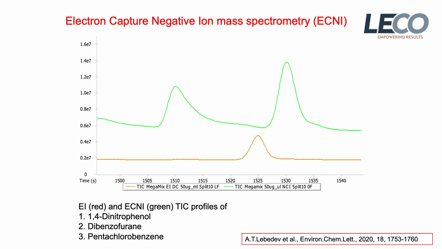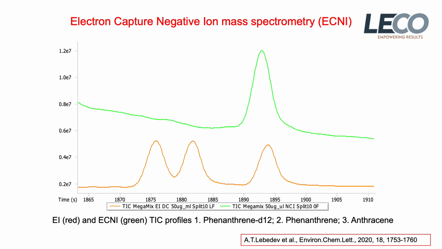On the other hand, in electron capture mode, we see particularly those two compounds, dinitrophenol and pentachlorobenzene. But we don't see any peak of dibenzofurane. So definitely very nice and efficient complementary tools.